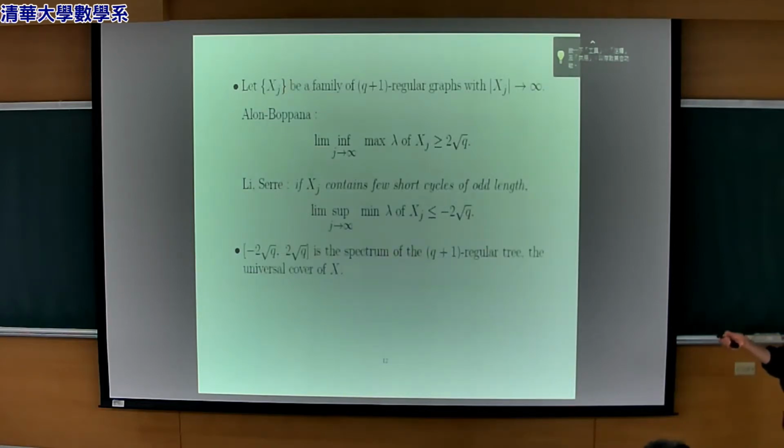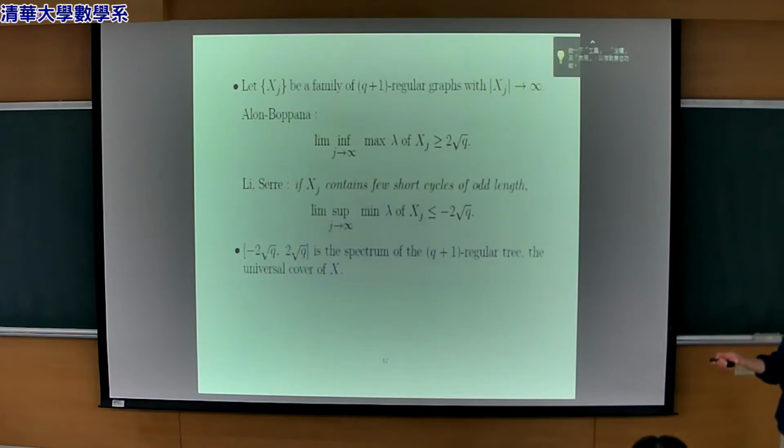So then the meaning of the earlier statement is that if I take a very large Q+1 regular graph, and look at its largest non-trivial eigenvalue and the smallest non-trivial eigenvalue, it's very likely that they will go outside of this interval.